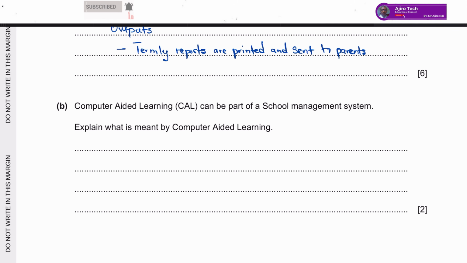So computer aided learning can be part of a school management system. Explain what is meant by computer aided learning. So when we talk about computer aided learning, it is the use of a computer based system to assist in the academic teaching of students. So this is also chapter 6, still part of ICT application.